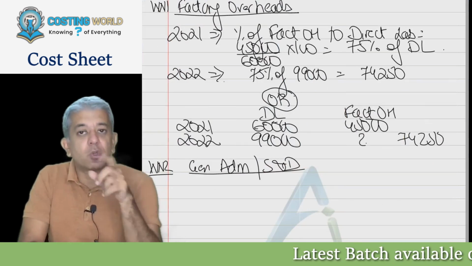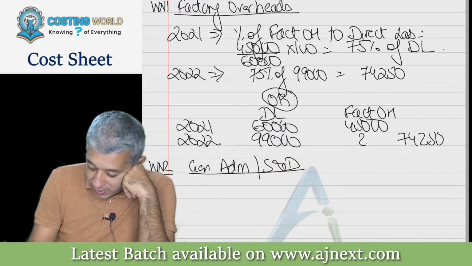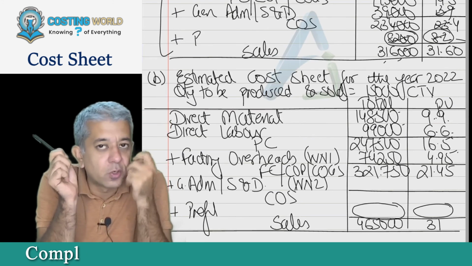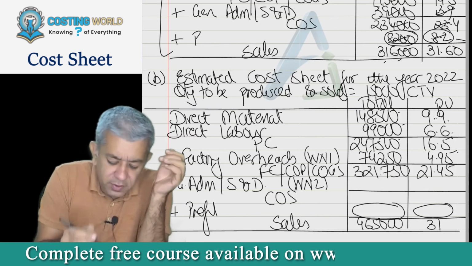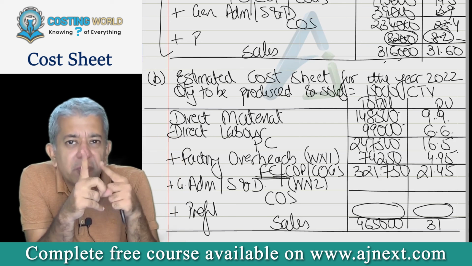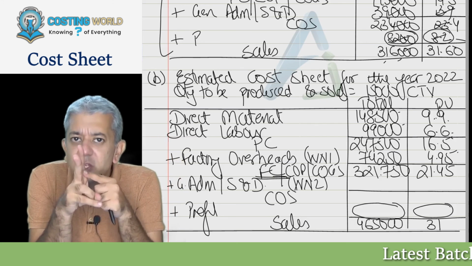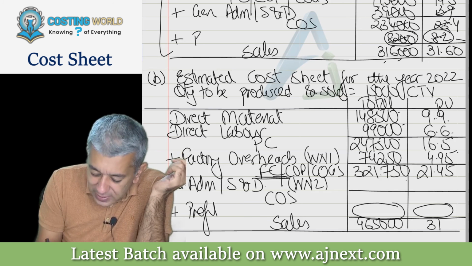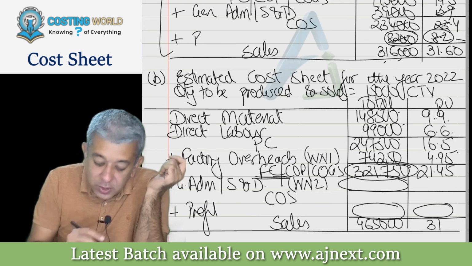Works cost is an alternate name for factory cost. Recall your first lecture on cost sheet: factory cost has four names: factory cost, works cost, manufacturing cost, production cost. So your admin and S&D are related to your works cost.